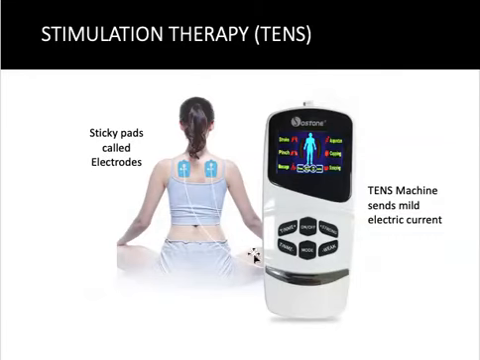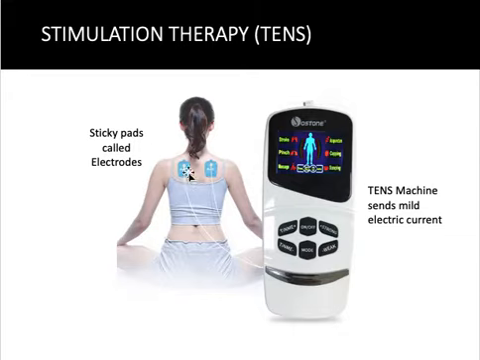Now, the second method under alternative techniques is stimulation therapy, TENS. It's just a small machine, something like your aircon remote control. You press whatever, let's say you want it strong, you set the time, how many minutes you want to do it. You connect it to a cable which connects to an electrode, which is a sticky pad.